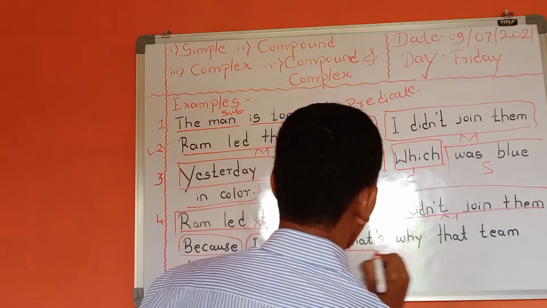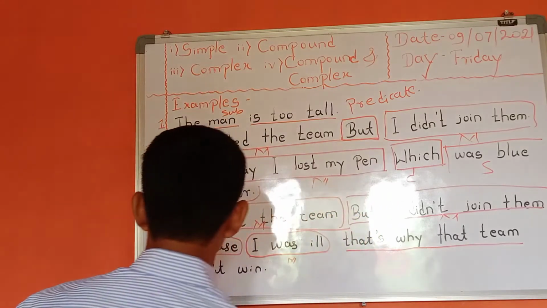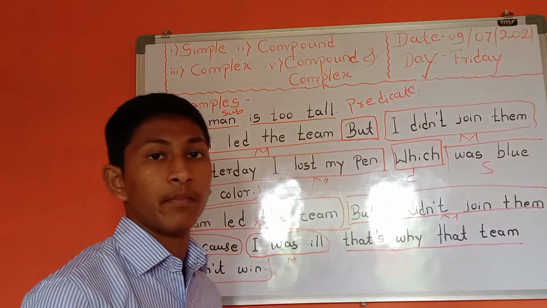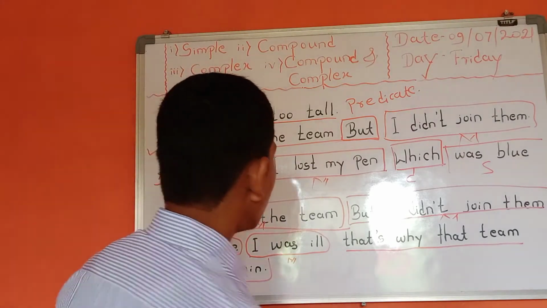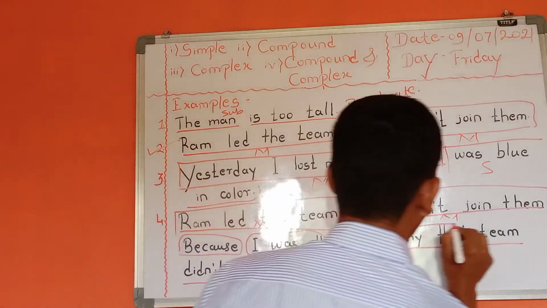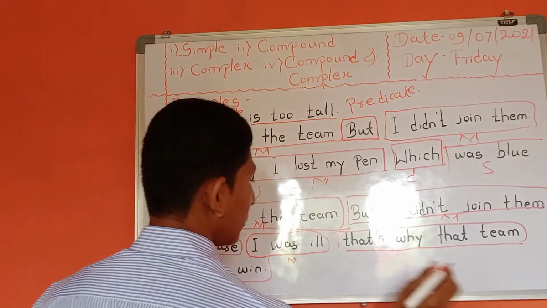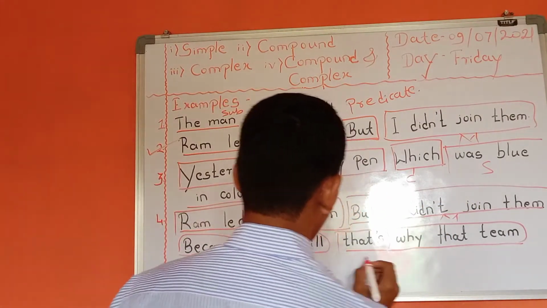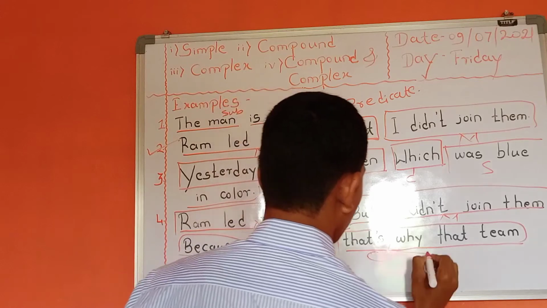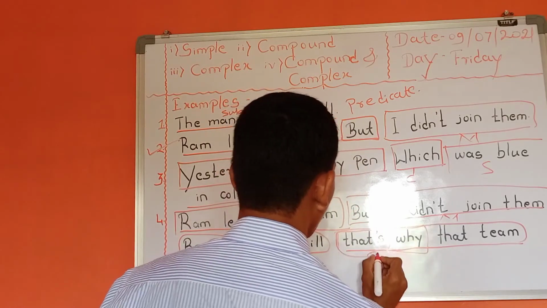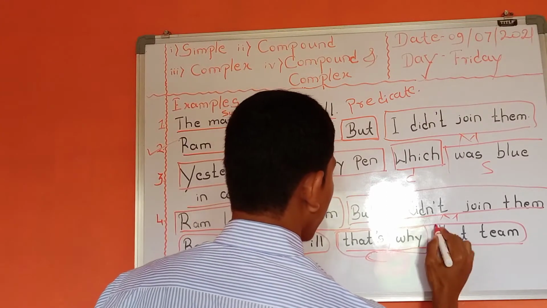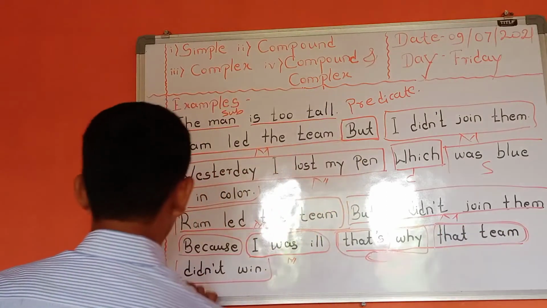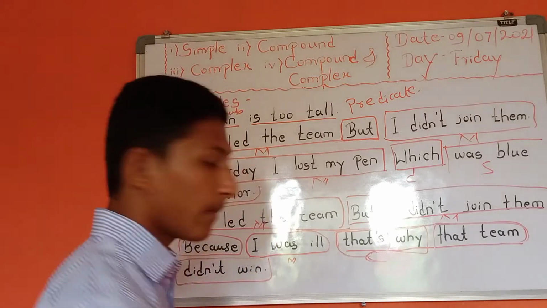And here, that team didn't win. Which team? Okay, that's why the question arises. So this is not giving complete meaning, and it is joined by a conjunction. This is a conjunction, a subordinating conjunction, and this is that team didn't win.